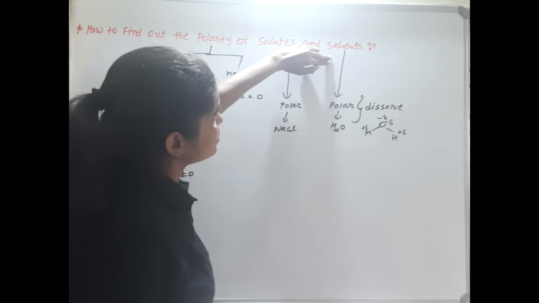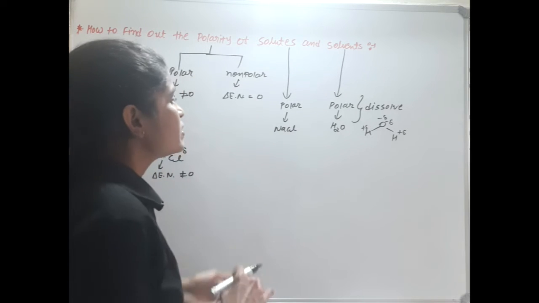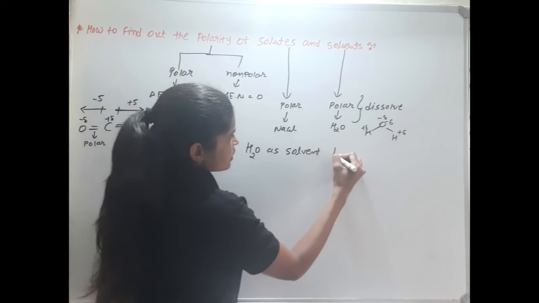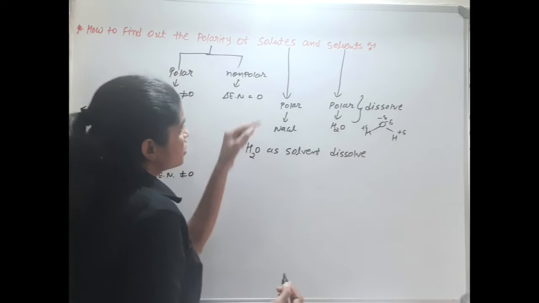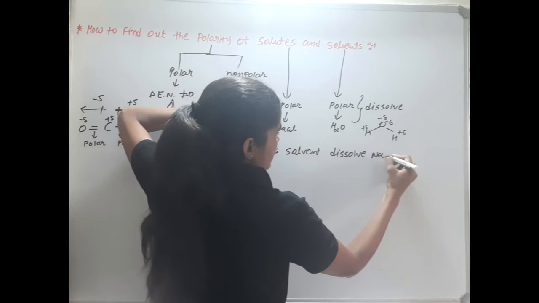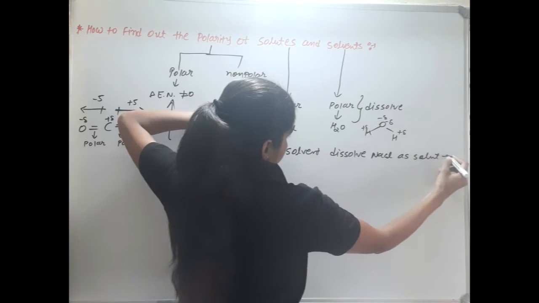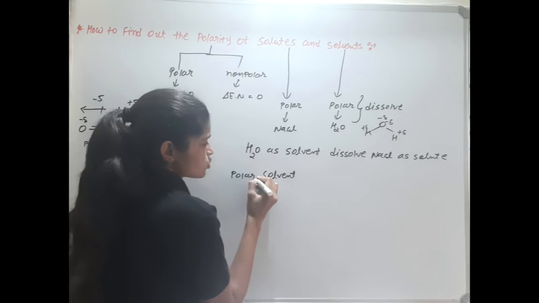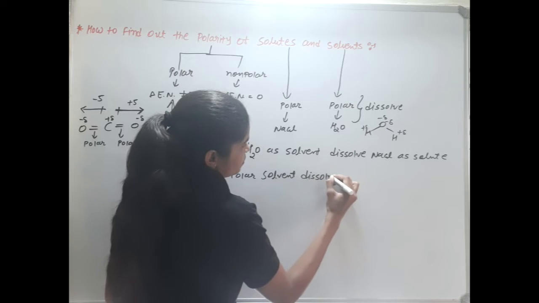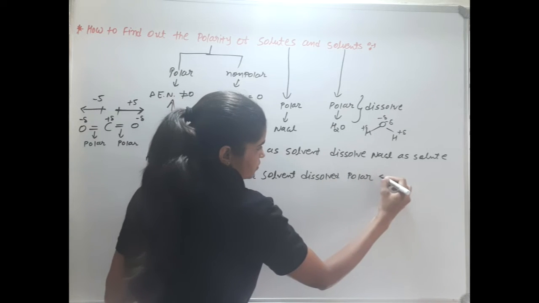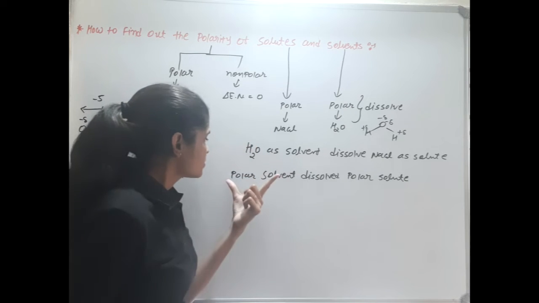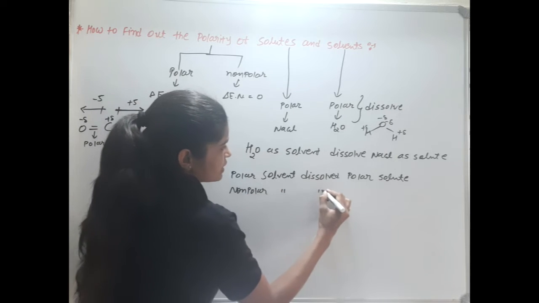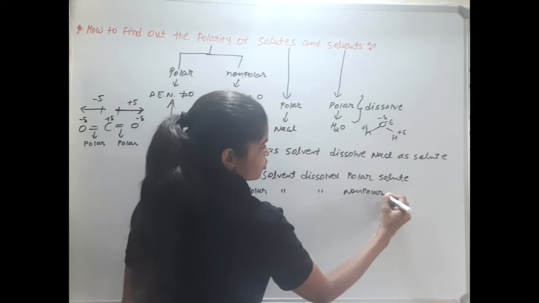H2O is the solvent and NaCl is the solute. That means H2O as solvent dissolves the solute NaCl. In other words, a polar solvent dissolves a polar solute, and a non-polar solvent dissolves a non-polar solute.